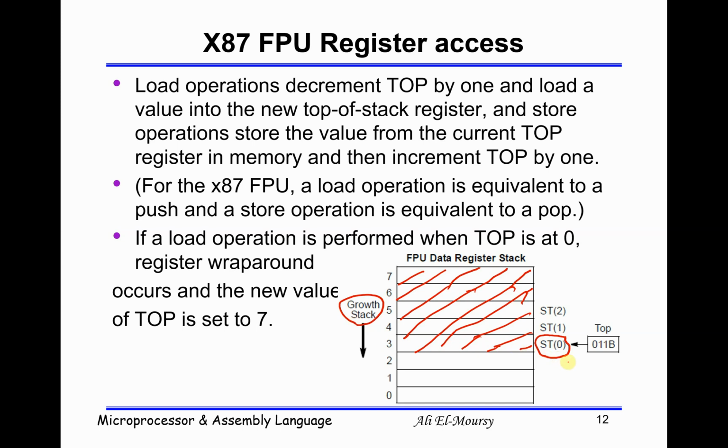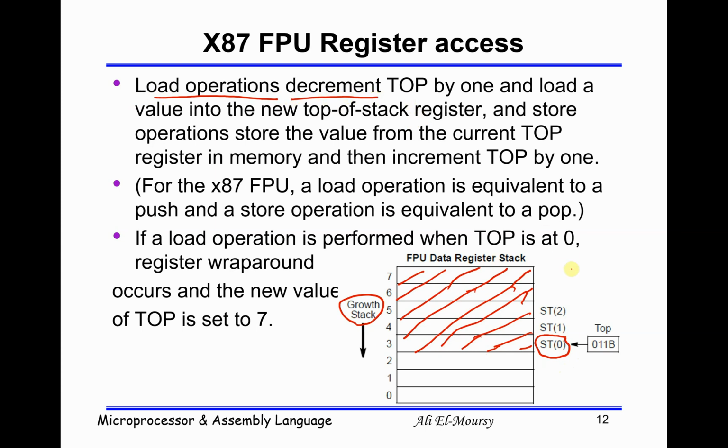That's why we are mentioning that the stack here grows backward, similar to our regular stack. So if I want to push some data from the memory to the stack register here, I am using the load instruction. The load operation basically decrements the top of the stack.